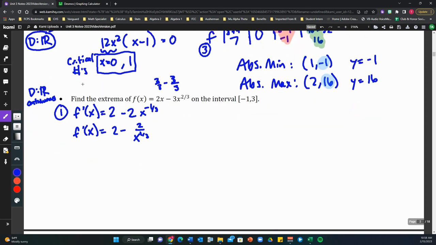In this case, we don't have that same thing. If we think about the domain of f prime of x, well, that is all real numbers except for 0. x cannot equal 0 for this derivative because that would make the denominator 0. It would make f prime undefined. Well, that's one of the conditions for being a critical number.